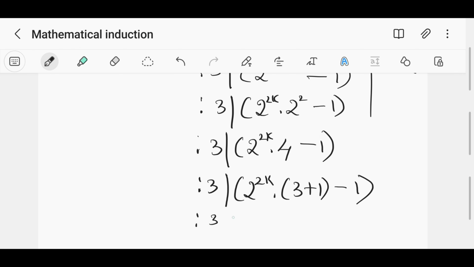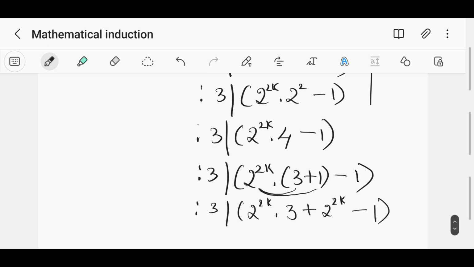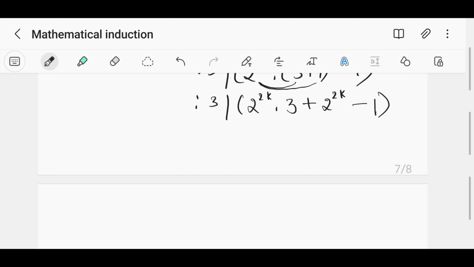So this can be written as 3 divides 2 to the power 2k into 3, that is multiplying this term with this term, plus this term with this term, that is plus 2 to the power 2k, minus 1, let it be as it is. Done. Now 3 divides, I have two terms here, one is 3 into 2 to the power 2k, plus the other term, that is 2 to the power 2k minus 1.